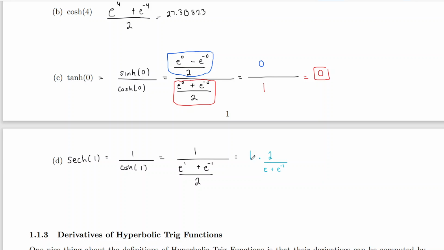It's up to you. But I always like simplifying as much as I reasonably can before using the calculator. That way I can be more confident that when I'm typing in the calculator, I'm less likely to make a mistake. On the top here, we have 1 times 2, which is 2 over e plus e to the negative 1. And now this we have to use a calculator for.